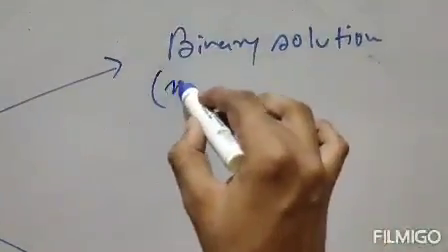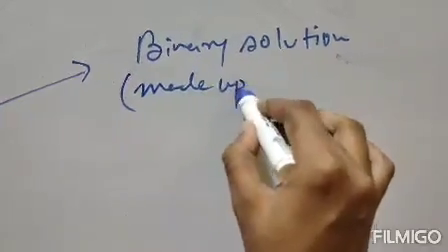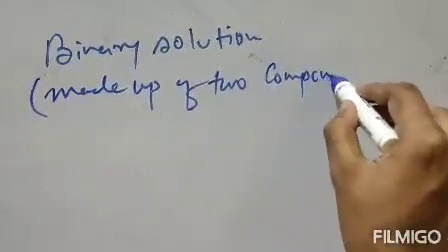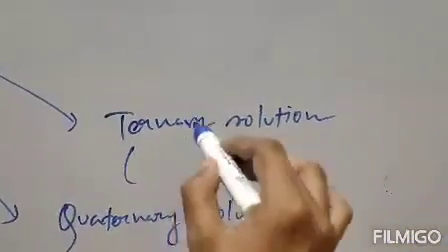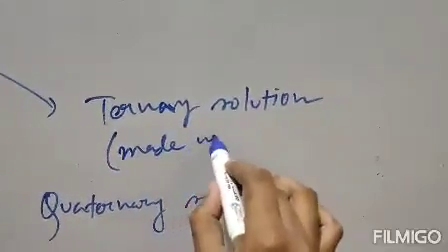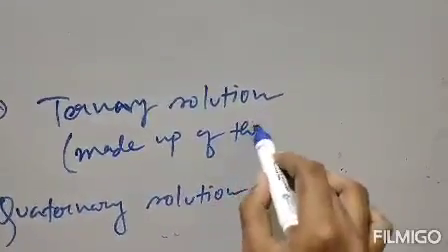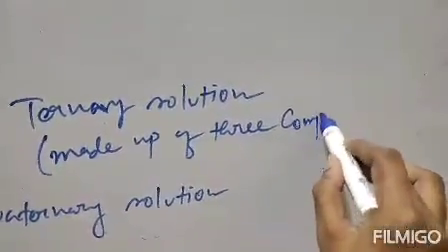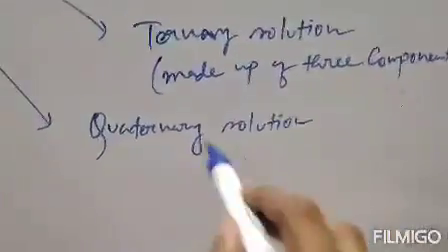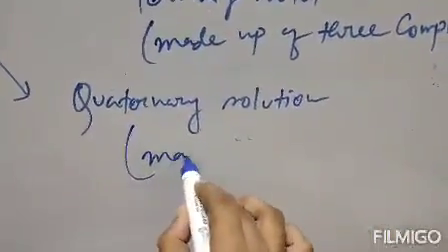That's why it is called binary. Coming to ternary solution, it is made up of three components. Quaternary solution is made up of four components.